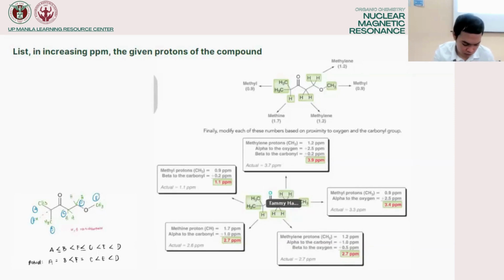Okay? Dito, 2.7 kasi it is alpha to the carbonyl, meaning sabihin ng alpha, isang carbon lang, ay dalawang carbon, 1, 2, and beta pa siya sa isang oxygen, 1, 2, 3. Yun yung sinasabi niya, kaya 2.7 siya. Okay? Ito, 2.7, alpha to the carbonyl. So, do you know naman alpha-beta configuration?